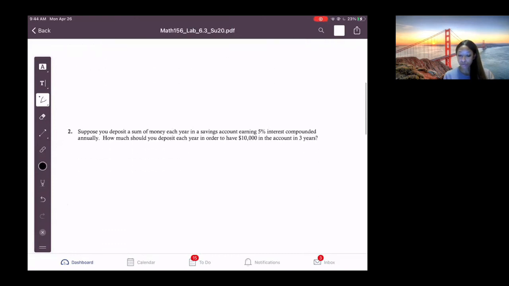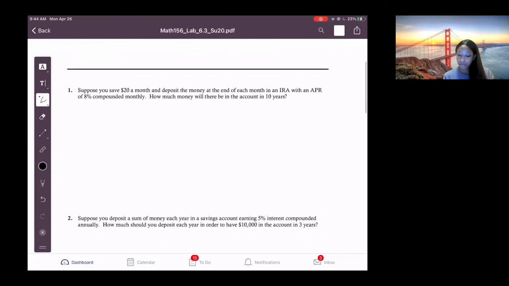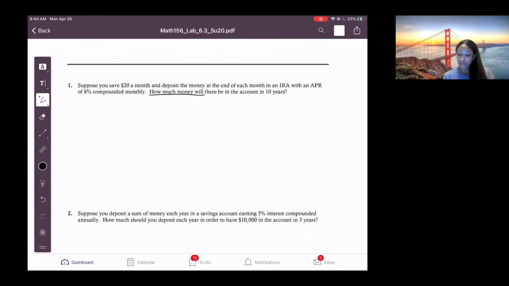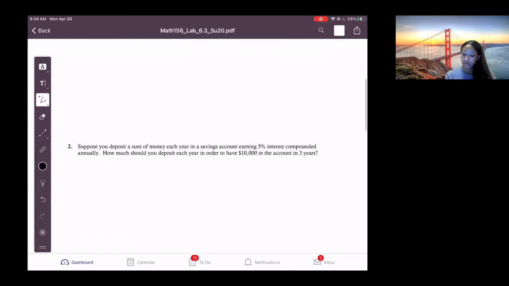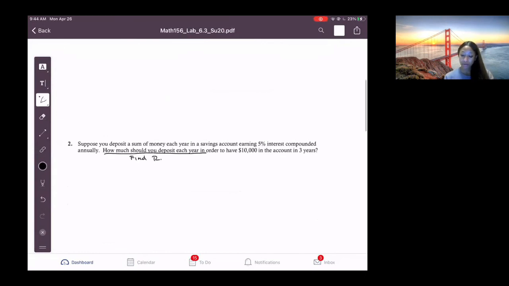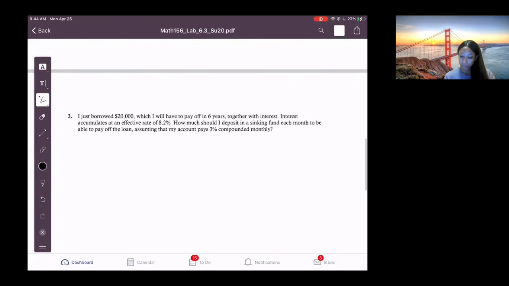They're all pretty straightforward. So for the first one, you're figuring out the future value. You're finding S. How much money will be in the account after 10 years? For the second one, it says, how much should you deposit each year? This is finding R, the amount of the deposits. Again, how much should I deposit?